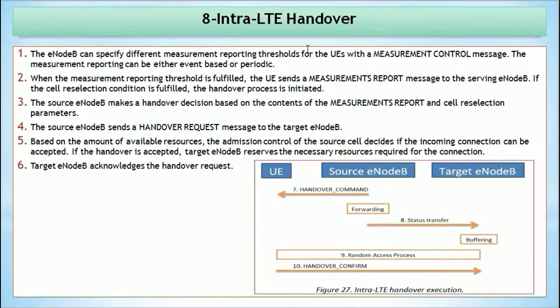The source eNode B sends a handover request message to the target eNode B. Based on the amount of available resources, the admission control decides if the incoming connection can be accepted. If the handover is accepted, the target eNode B reserves the necessary resources required for the connection and acknowledges the handover request.